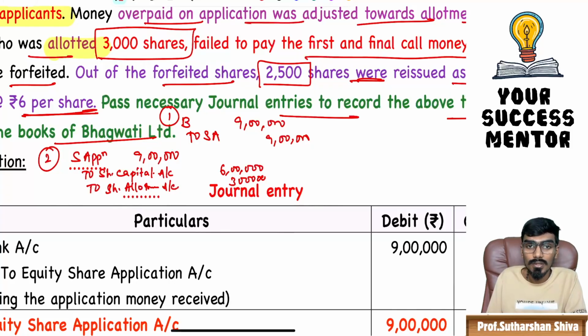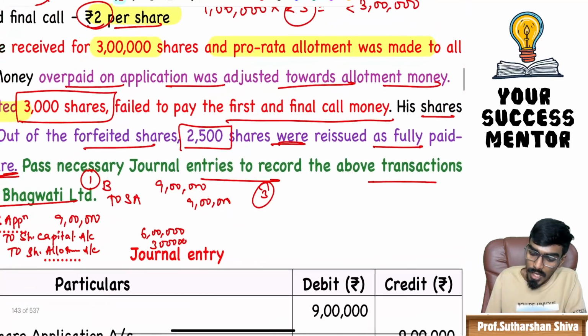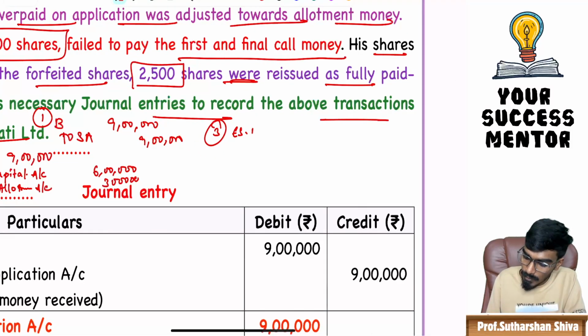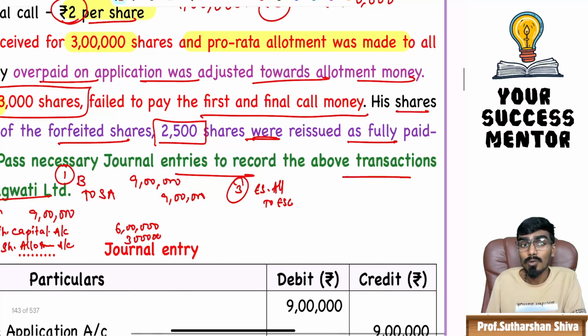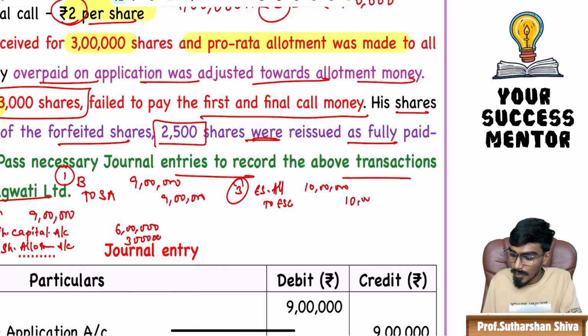Able to understand? Now come to the third journal entry. What is the third journal entry? Allotment money due entry. Equity share allotment to equity share capital. 5 rupees I am asking from every shareholder holding 2 lakh shares. So 2 lakh into 5 rupee will bring you 10 lakh due for the company.